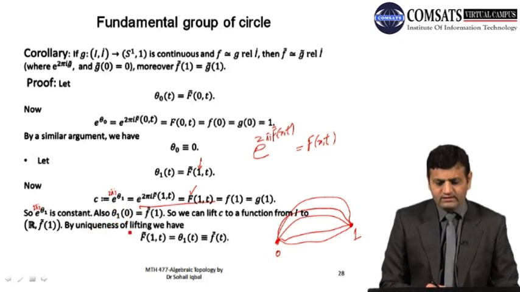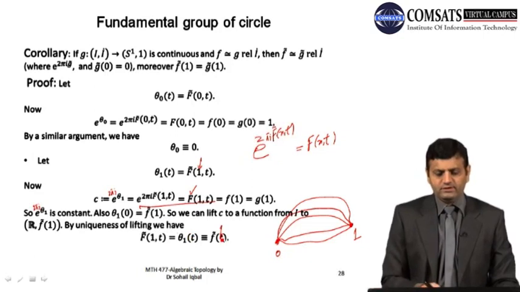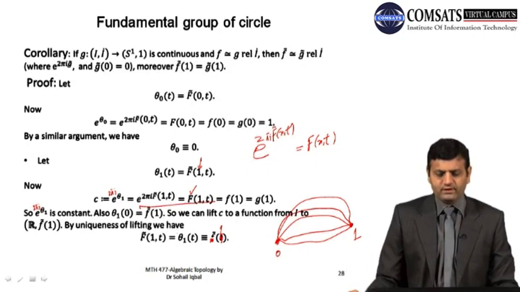We are saying that this theta 1 is basically a lifting of a function, and so once again applying the same lemma, we get that f tilde of 1, t is equal to theta 1 of t, which is basically equal to f tilde of 1 for each and every value of t.